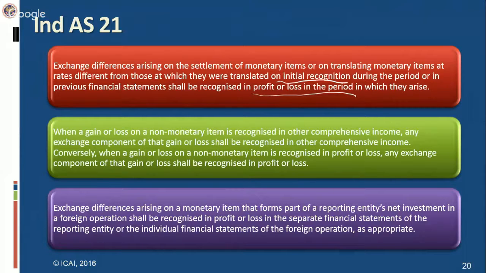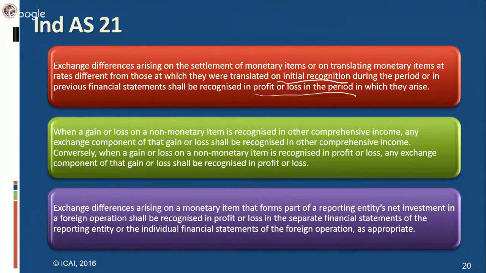This is regarding exchange differences arising on settlement of monetary items or translation of those monetary items at rates different from those at which they were translated or recognized earlier. Now, what about non-monetary items?